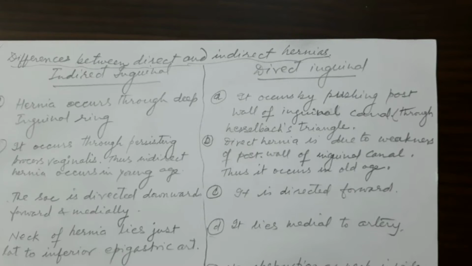In its medial two-third part, it is formed by the conjoined tendon, which is a strong tendon formed by the lowermost fibers of the internal oblique abdominis and the transversus abdominis. They arch over the inguinal canal to get inserted onto the pubic crest up to the pubic tubercle.